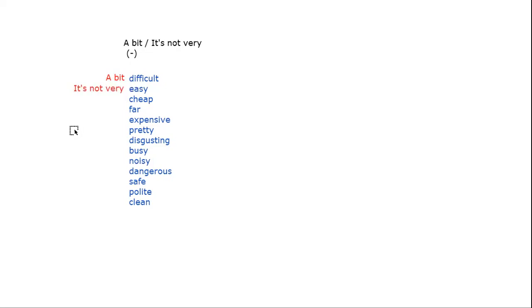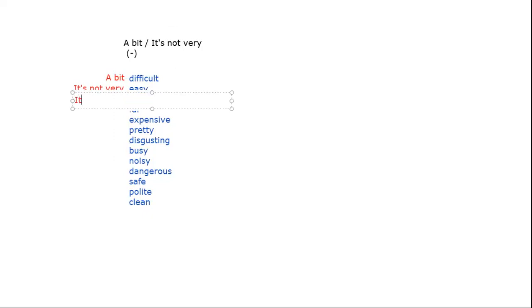So, can you help me with the following ones? We have cheap. A bit cheap. Okay. Cheap sería barato, ¿no es cierto? Expensive es el caro. Entonces, it's not very cheap. It's not very cheap. Very good. No está tan barato, ¿no es cierto?